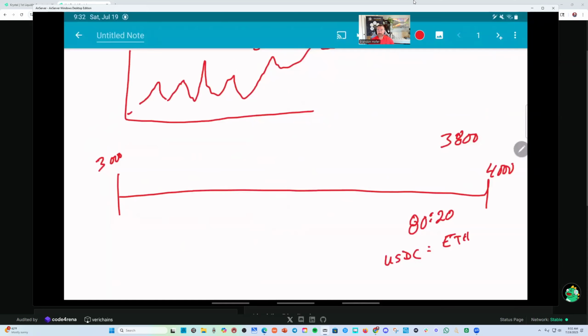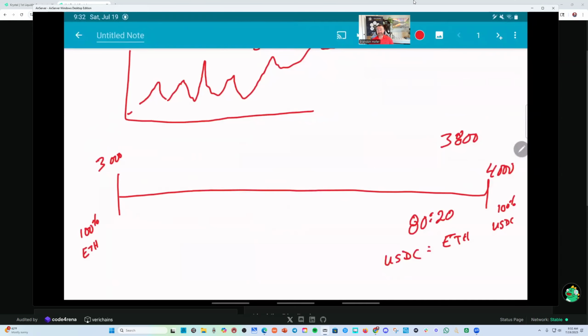And if I go completely out of range on the top end, I'm now 100% USDC. If I go out of range over here, I'm going to be 100% Ethereum.